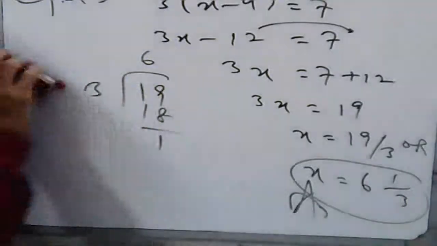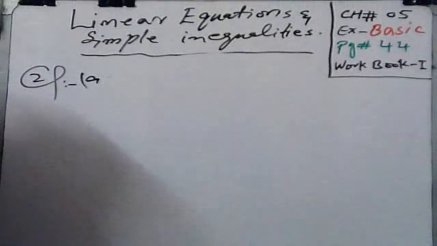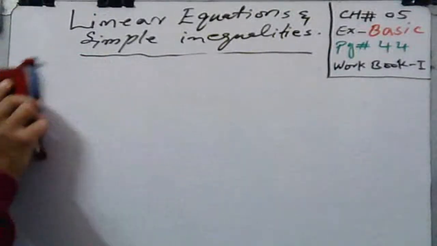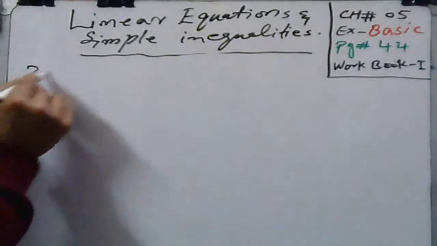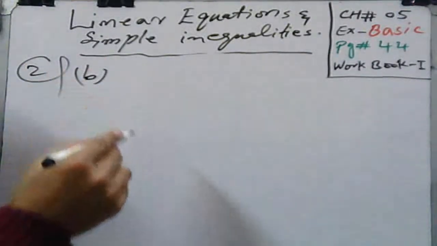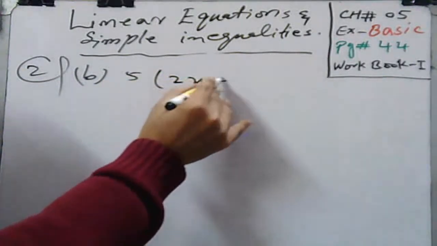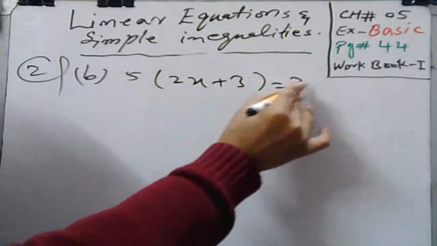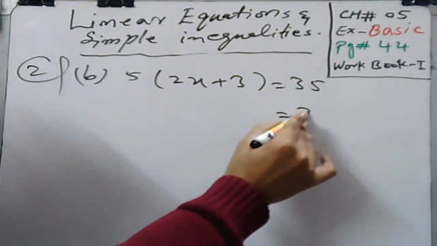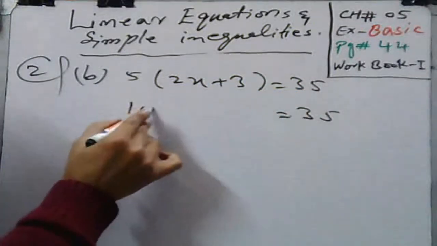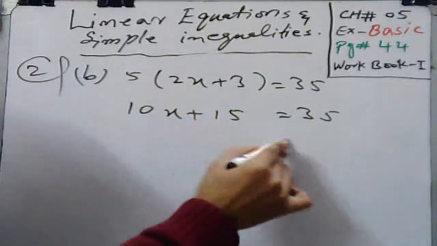In B part, 5 into 2x plus 3 is equal to 35. So multiplying, 5 2s are 10x, 15.